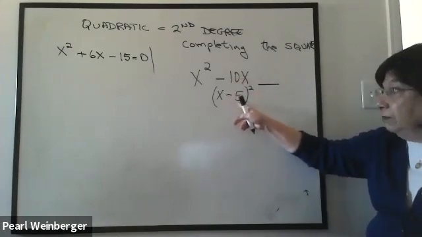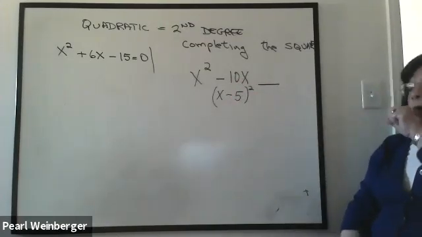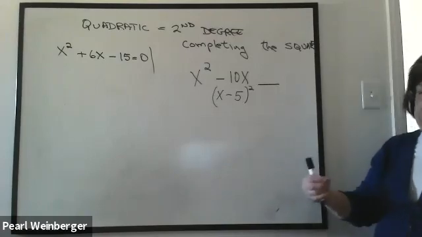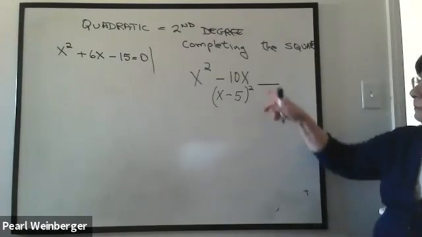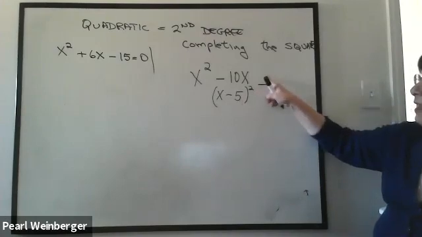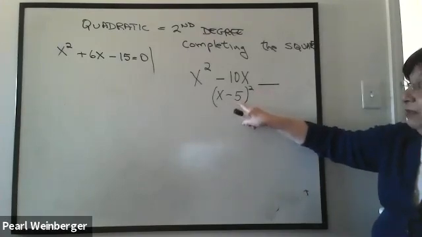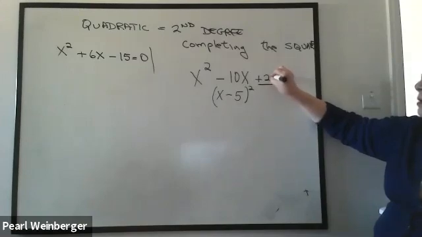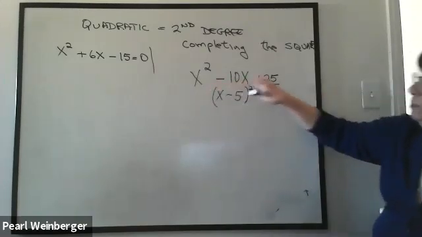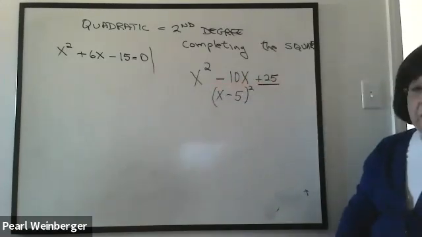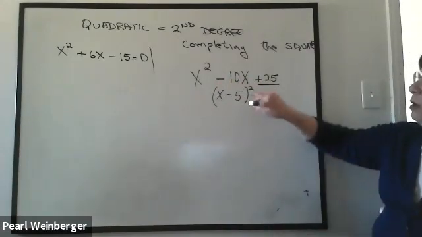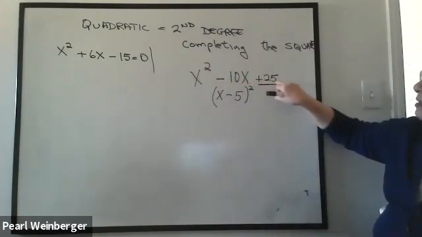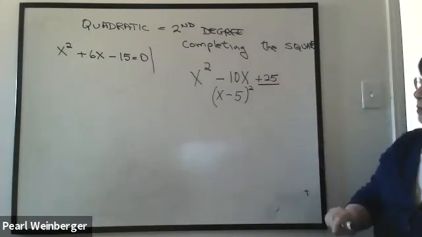So to get the number in the parentheses, I have to take half of it. And the last number is always that last number in the parentheses squared. So negative 5 times negative 5 would have been 25. In other words, for this expression to be a perfect binomial squared, what I need to have is a 25.